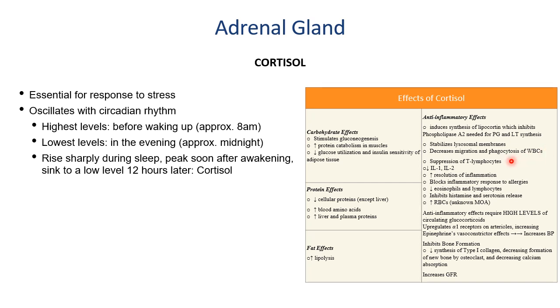It suppresses the activity of your T lymphocytes, and therefore the substances or cytokines or interleukins that are produced by the T lymphocytes also go down, such as interleukin 1 and interleukin 2. It facilitates the resolution of inflammation. It blocks the inflammatory response to allergies and therefore decreases the levels or activity of eosinophils.